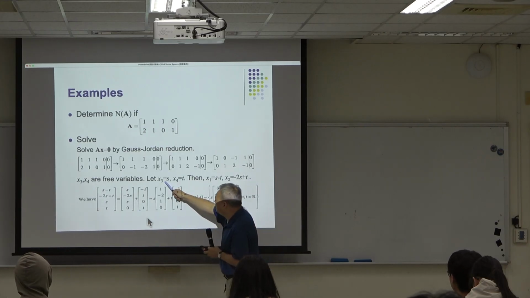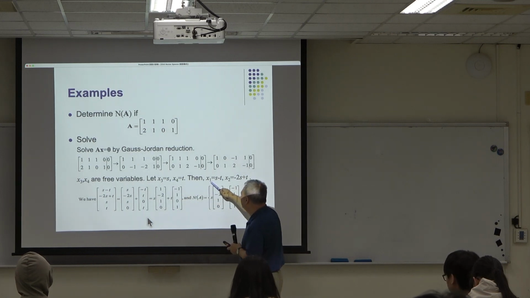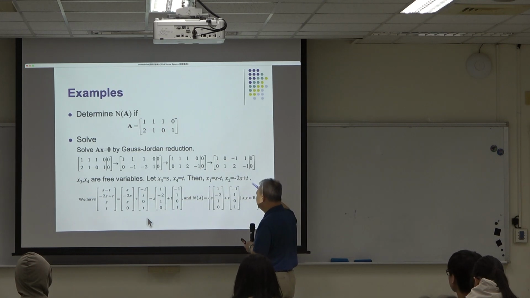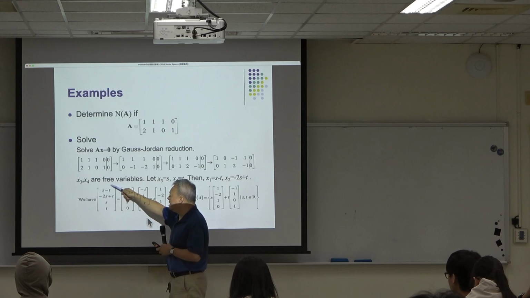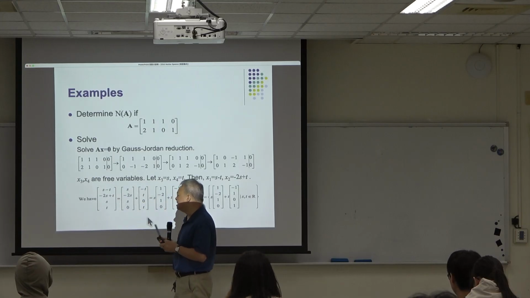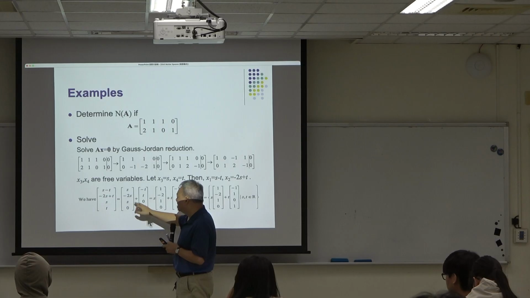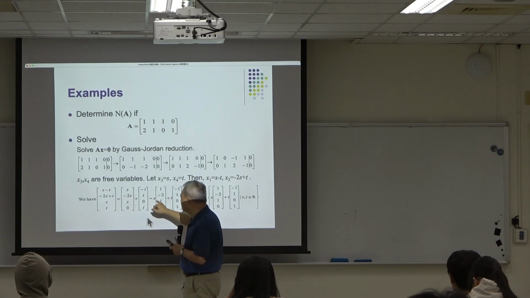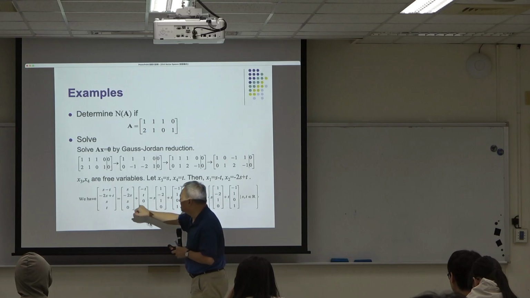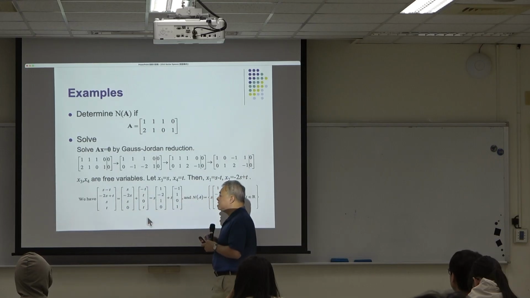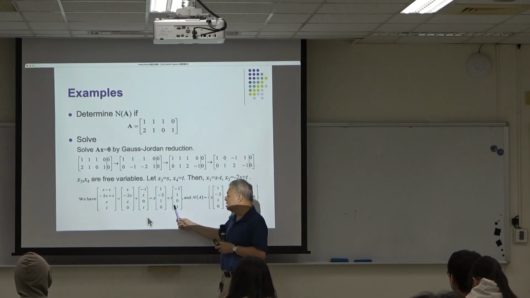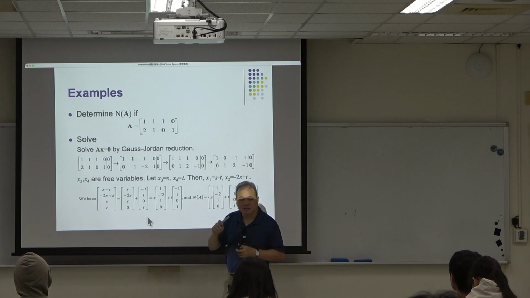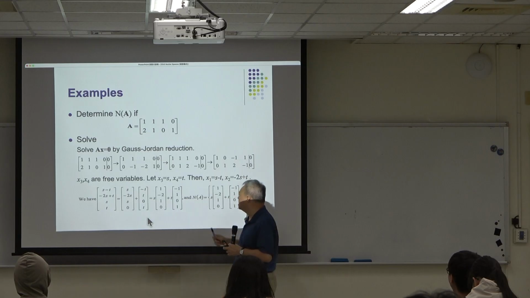If we let x3 be s and x4 be t, then x1 and x2 can be written like this. Then if we separate the s term and the t term, this is what we get. We can take s out of the first term and t out of the second term like this. So in other words, the null space is a linear combination of these two vectors, right?